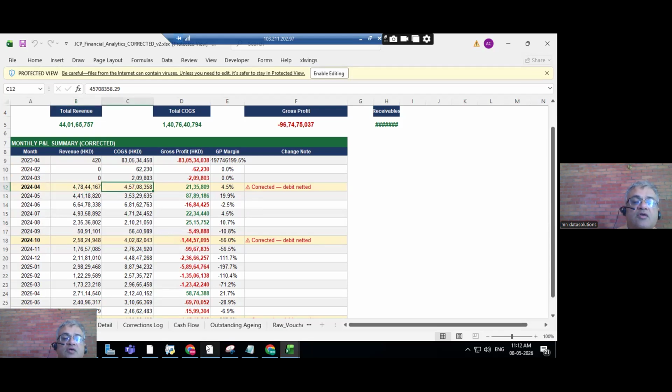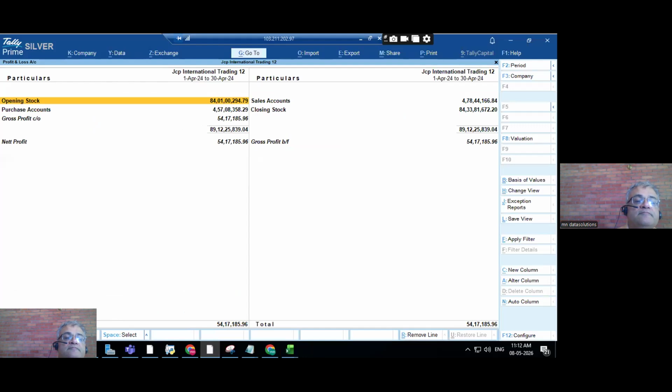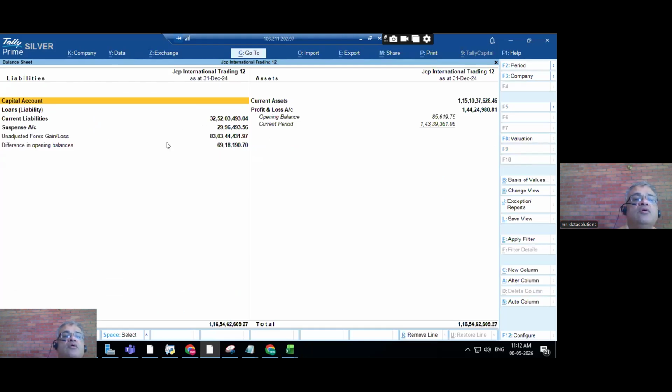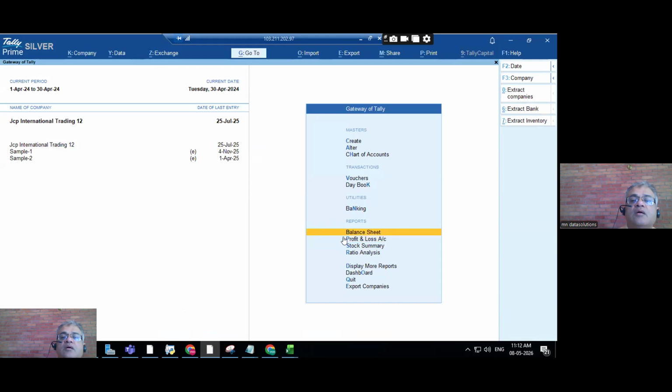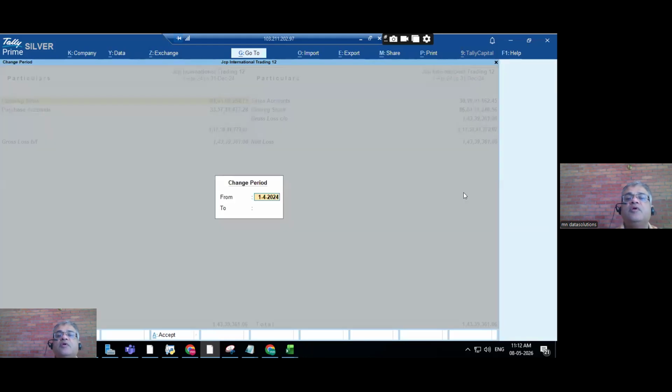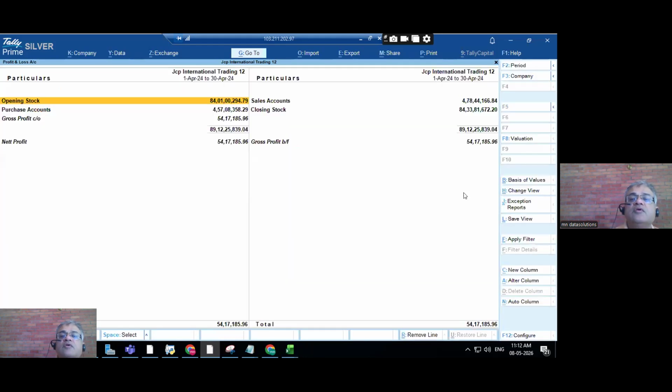So I go down to Tally here and I pick up 1st April and then I look at my profit and loss account. And the period I changed to 1st April to 30th April 2024.